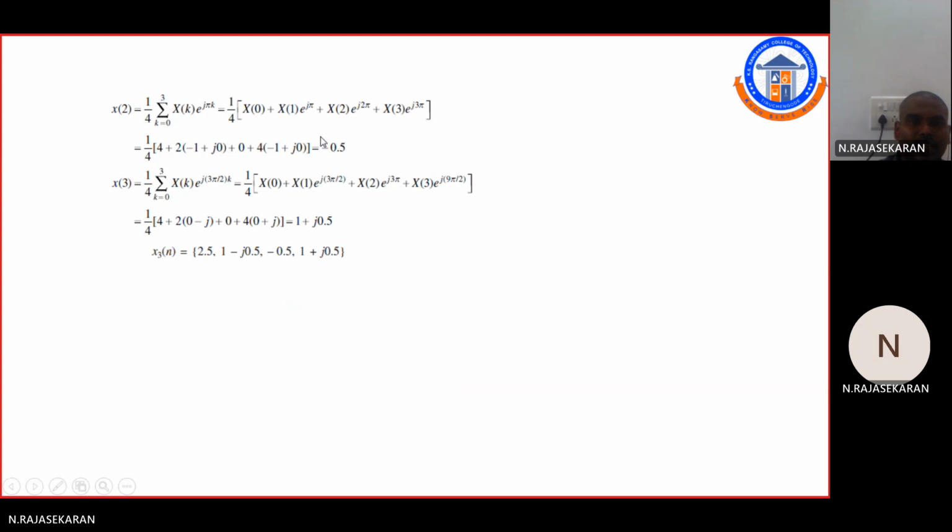Then next one is e power j2 pi, which means here 1 plus j0. Then e power j3 pi is minus 1. So likewise it goes on.